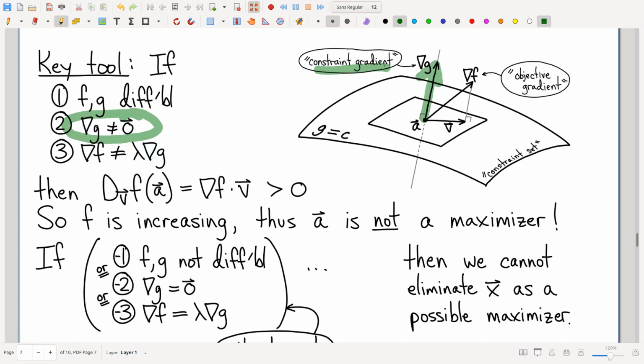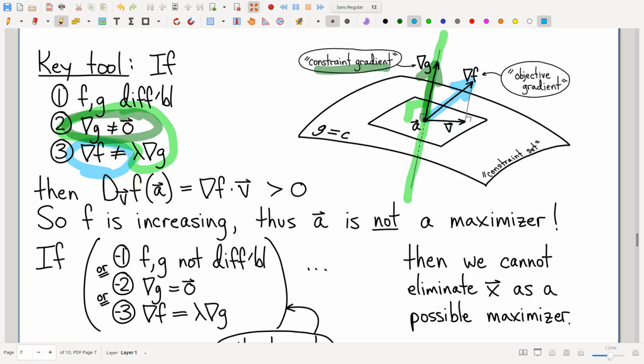The basic idea, though, the reason I need my constraint gradient to be non-zero is because I need all multiples of my constraint gradient to actually define this line perpendicular to my constraint set. And remember, an old chapter 2 result is that gradients are always perpendicular to level sets of that same function. So I need this to be non-zero so that its multiples define this perpendicular line. And then the third thing that I need is for my objective gradient not to be on that line.